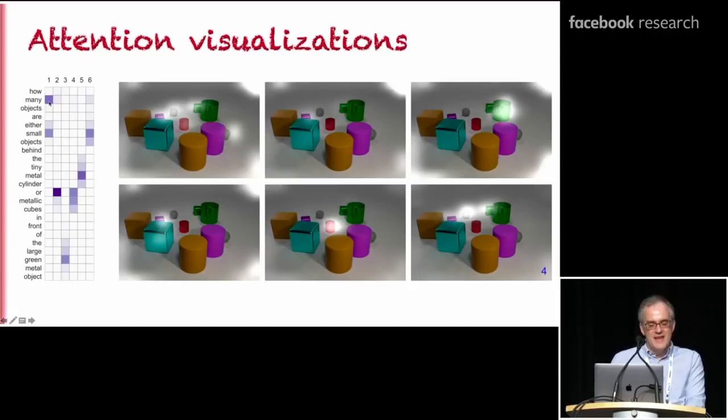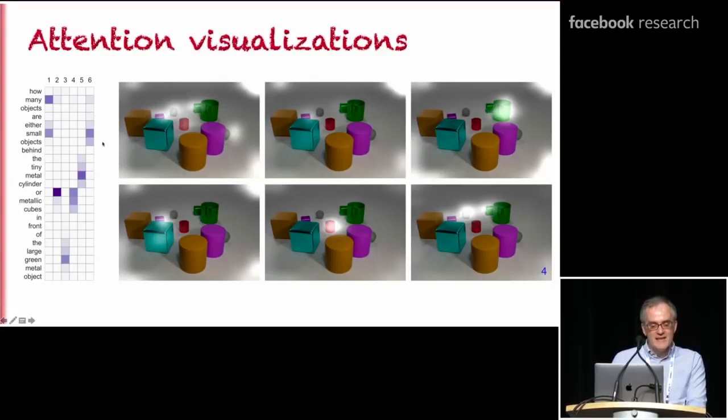So at first it's focusing on how many and small, then it's focusing on the fact that this has a disjunction in the condition, and then it starts looking at large green metal object, and looking for metal cubes in front of that. You can see there it's found the large green metal object, and it's then looking for the metallic cube in front of that.